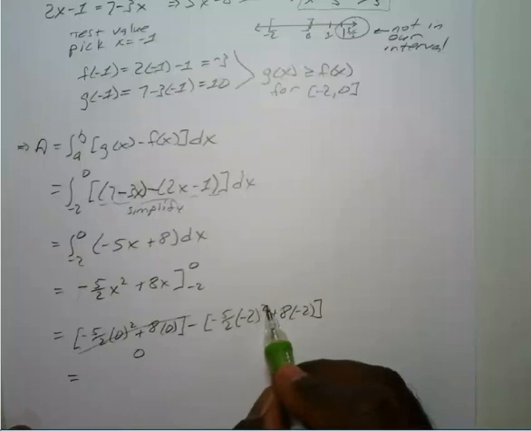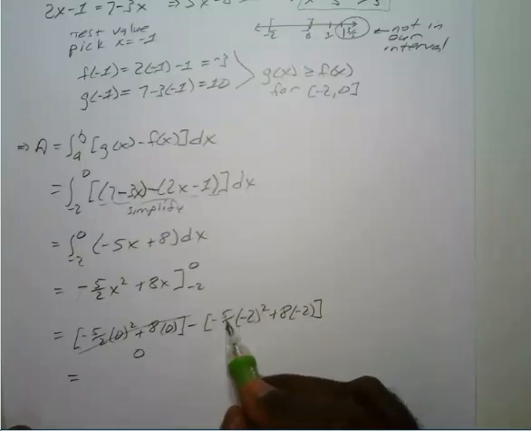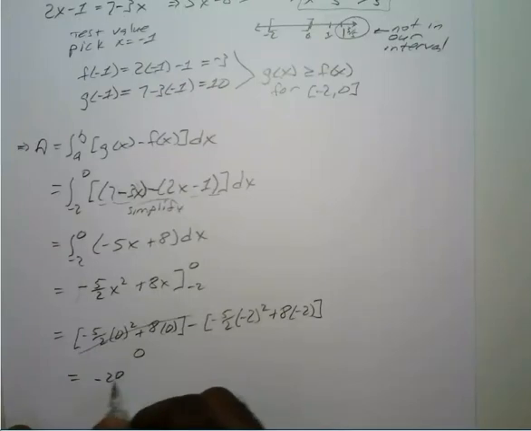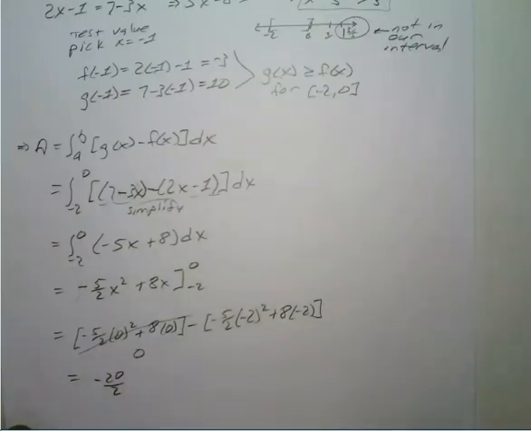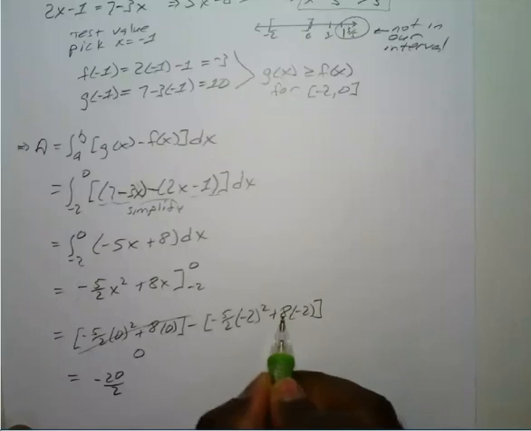Here you have 4, so you have positive 4 times negative 5, so you have negative 20 over 2, minus 16.